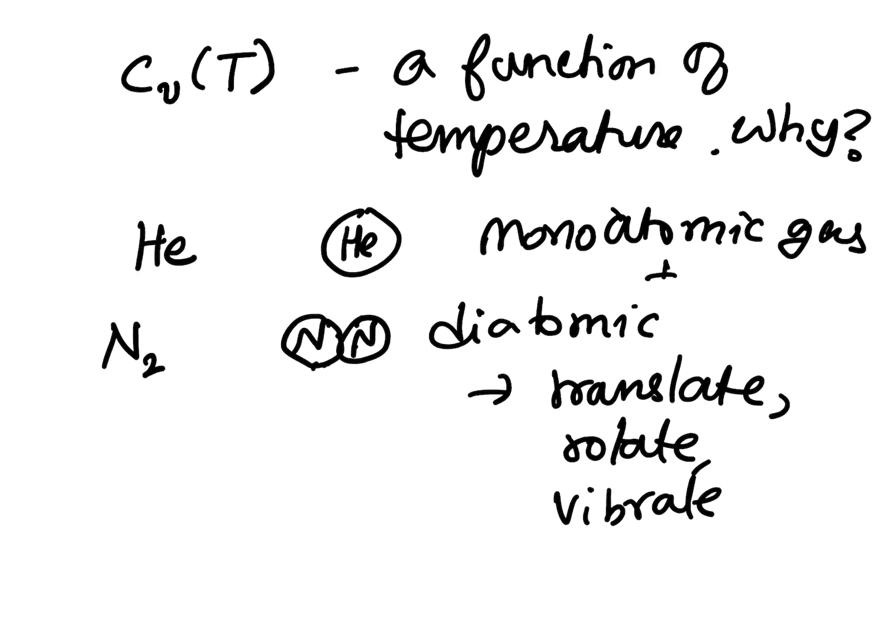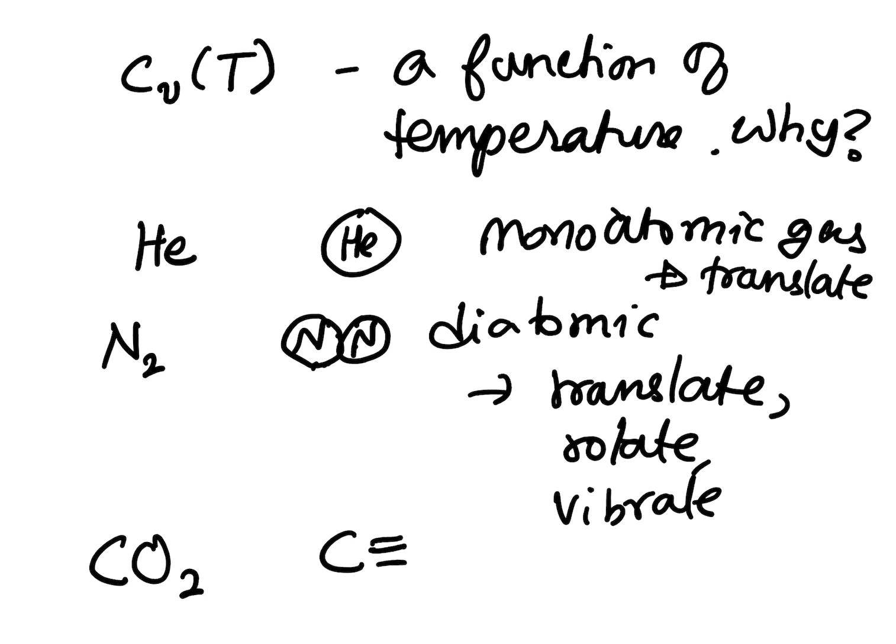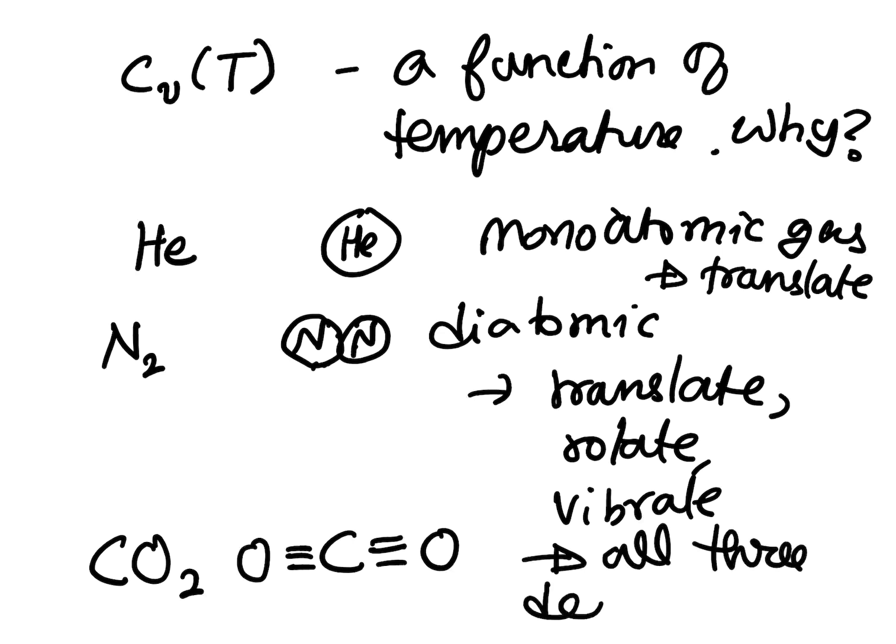Whereas helium can only translate. It doesn't have the other 2 degrees of freedom that you associate with nitrogen. If you think of a more complex molecule like carbon dioxide, it is carbon flanked by oxygen on both sides. It can do all three degrees of freedom.